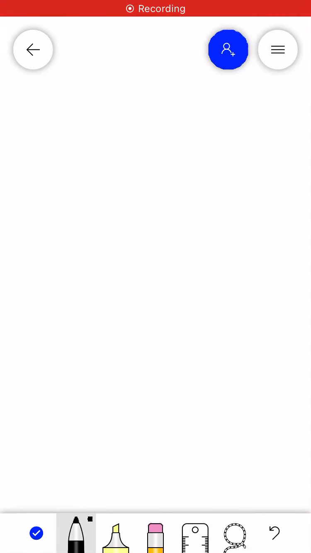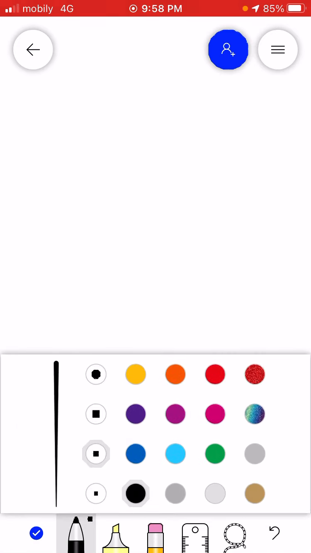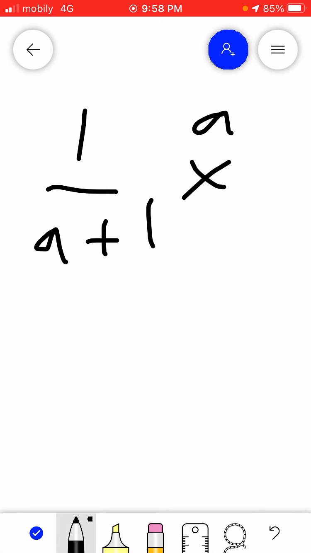Alright guys, today we are learning how to find the area under the curve. First we basically use the equation 1 over a plus 1, x to the power a plus 1, and all of that we multiply by the constant.